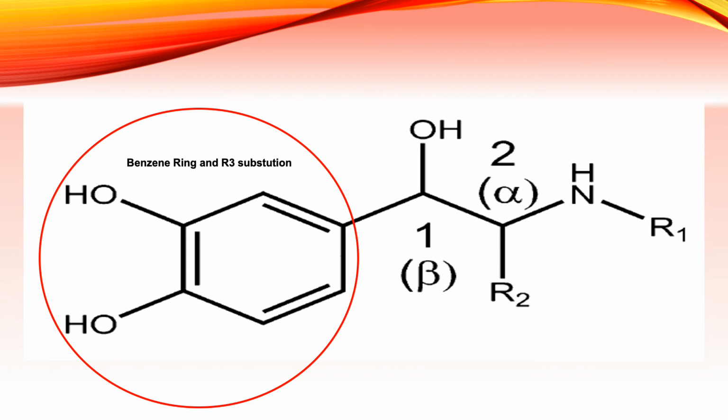So, therefore, the attachment of hydroxyl and even the positioning of the hydroxyl in the benzene ring has an effect on the bioavailability of our drug, aside from its selectivity for the alpha receptor over the beta receptor.